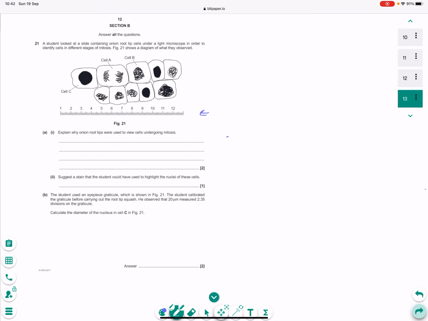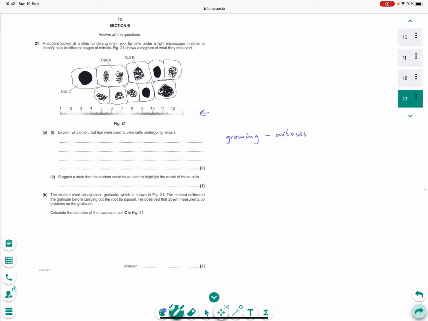Well, the main reason is that they're growing and therefore undergoing mitosis. So if you think about a root tip, they spread out to seek out water and minerals and the like.